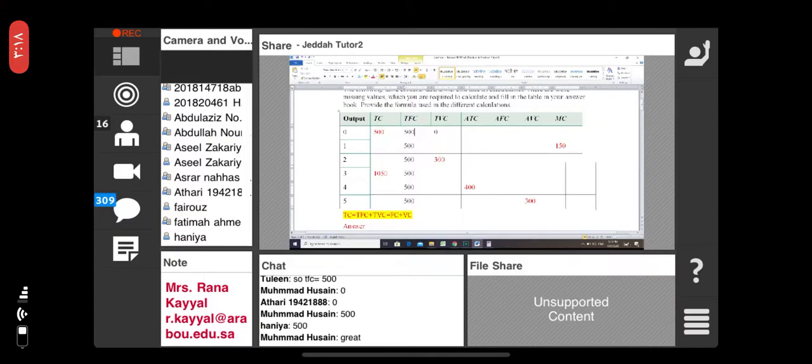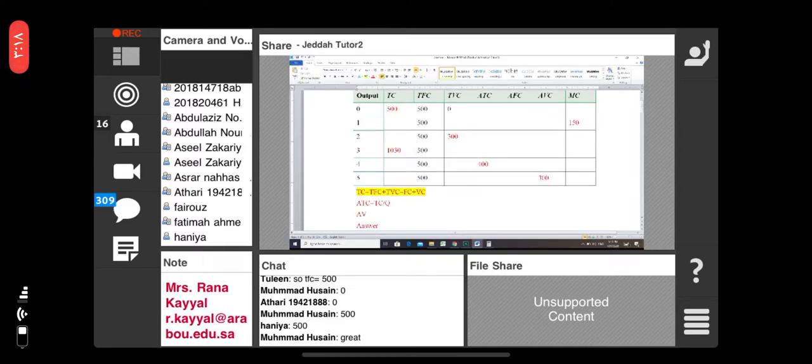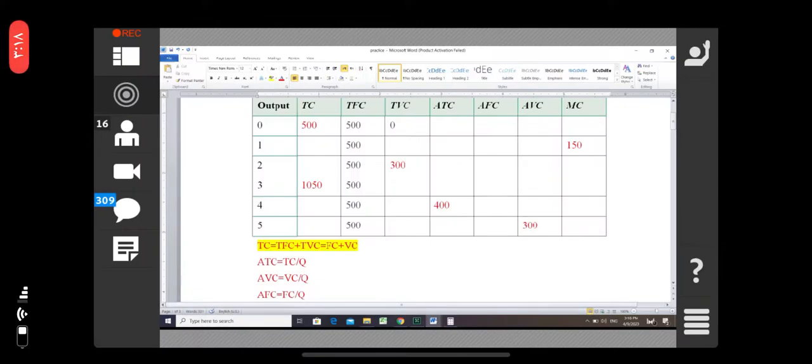Later on, we have the averages. Average total cost equals total cost over quantity. Average variable cost equals variable cost over quantity. Average fixed cost equals fixed cost over quantity. Okay, keep these formulas in your mind as well.